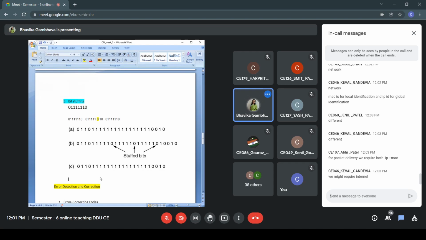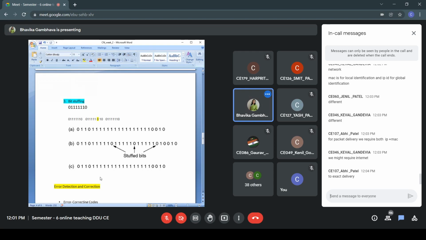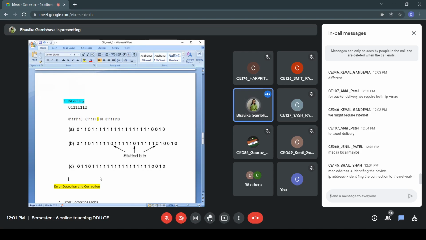Both of them are unique. So why do we require them? What do you mean by exact delivery? Otherwise, exact delivery will not be taking place. So Shell is saying that MAC is identifying the device and IP address is identifying the connection to the network. So if you have just the MAC address, will you not be able to identify the device in Haryana?